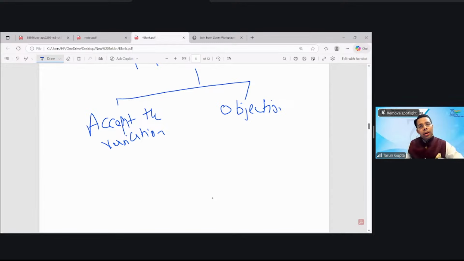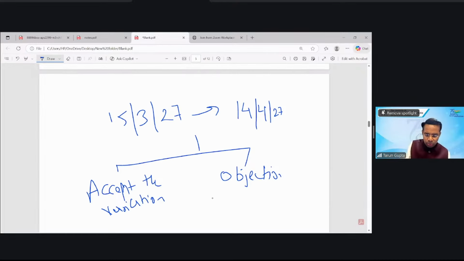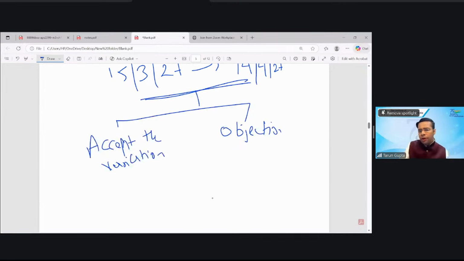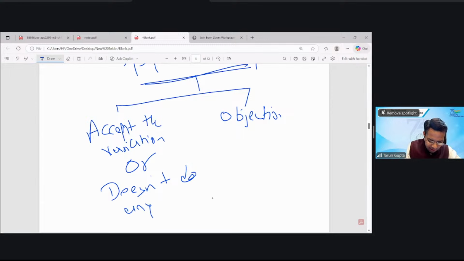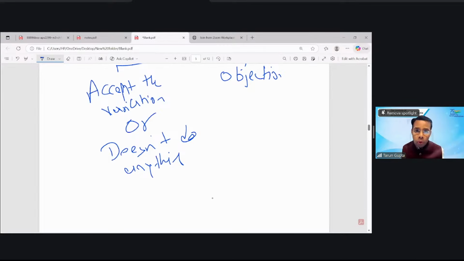But if the assessee accepts the variation, or the assessee doesn't do anything between this period, neither accepts the variation nor files an objection, and the 30-day period lapses, in both these cases, either he accepts the variation or he doesn't do anything, the AO has to finalize the order, of course.